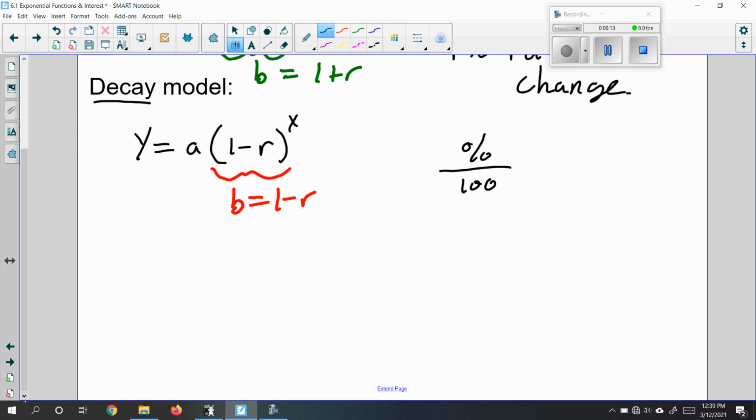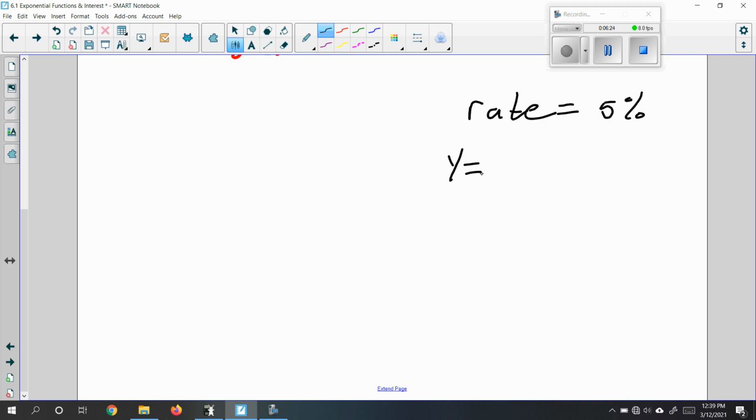So for example, if the rate is equal to 5% growth, then our function would be y equals a, the starting value, times 1 plus 0.05 to the power x. What I've done is I've taken the rate, 5%, and divided it by 100.